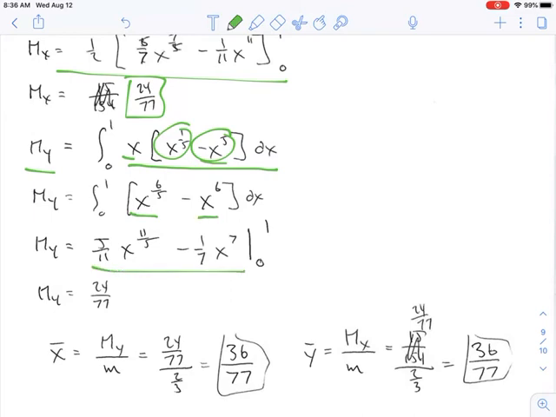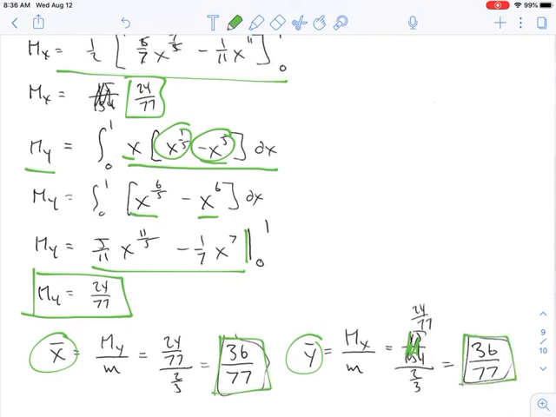Finding the antiderivatives, evaluating from 1 to 0, we get the total moment about the y-axis is 24/77. Putting it all together, we get the x value of the centroid is 36/77. The y value of the centroid, I made some little arithmetic mistakes here, just ignore those, is 36/77 as well.